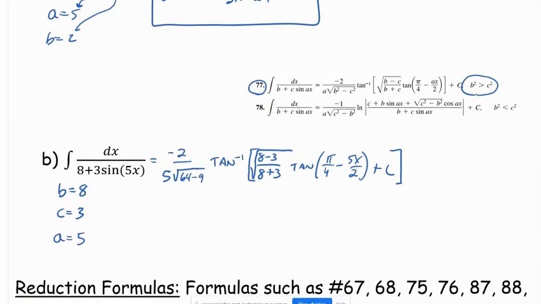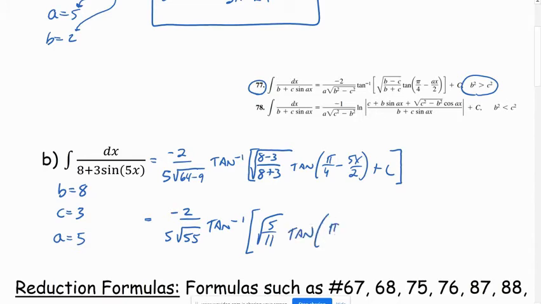This can be simplified as negative 2 over 5 root 55, inverse tangent of root 5 over root 11, tangent of pi over 4 minus 5x over 2, plus c. And that's it.